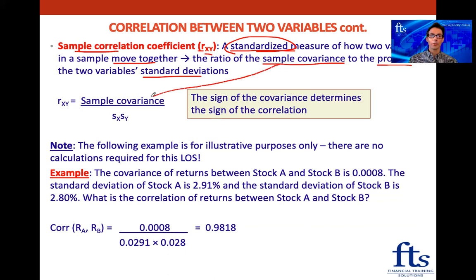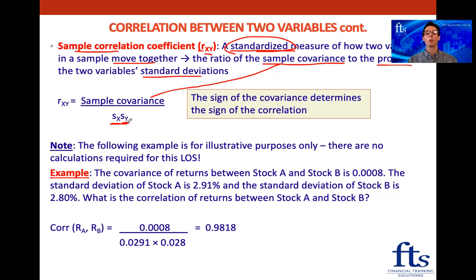We've got the sample covariance in the numerator, and we divide that by the standard deviations of our two variables. So that's why it's the ratio of the sample covariance to the product of the standard deviation of X multiplied by the standard deviation of Y.